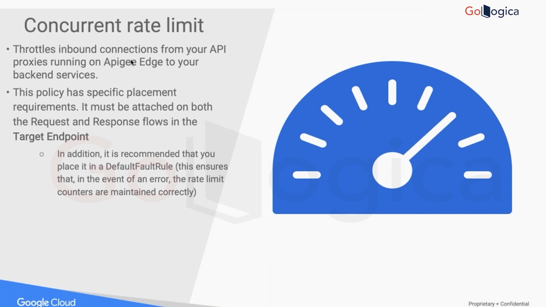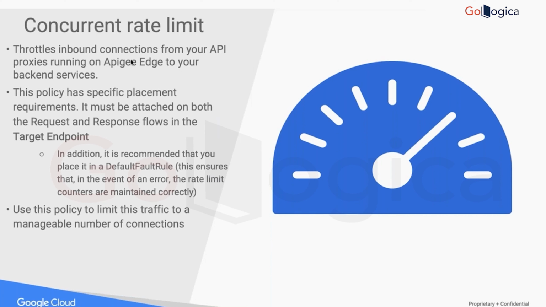But if there is a client which is very limited in the number of open requests and all those things, then you can use this concurrent rate limit. It will just check the open connections, and if there are more than the specified number of open connections, it will block the request. But most likely in a normal enterprise scenario, the backend targets are very good, and they can be scaled up to handle thousands of requests per second.